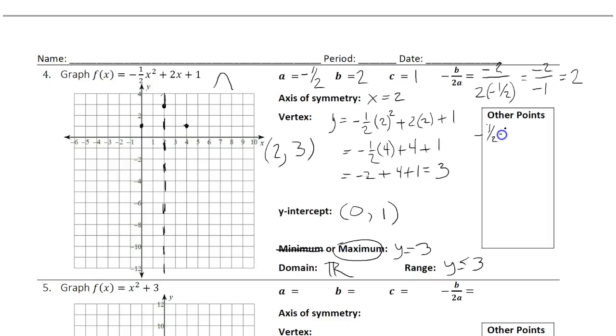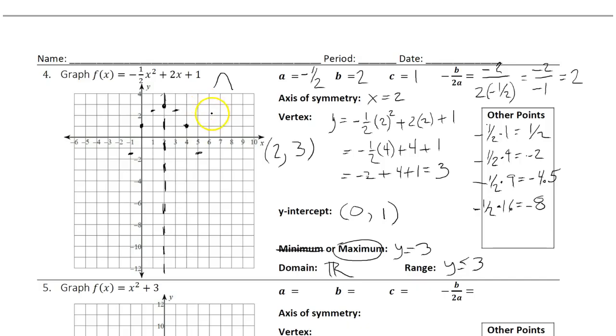-1/2 times 1 equals -1/2. -1/2 times 4 is -2. Go over 2 and down 2. -1/2 times 9 is -4.5. Go over 3 and down 4.5. -1/2 times 16 is -8.